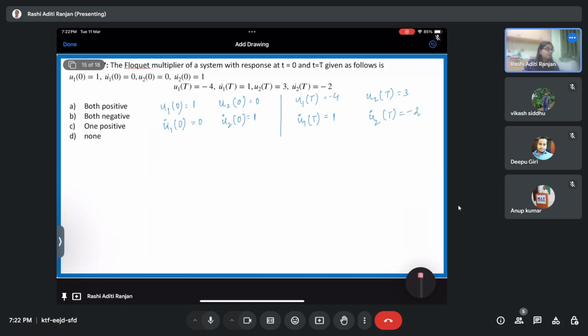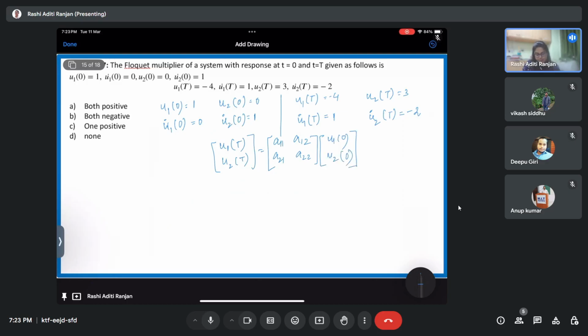Okay. Now, as we know, we can write the equation u1 at t, u2 at t equals the matrix a11, a12, a21, a22 times u1 at 0, u2 at 0.